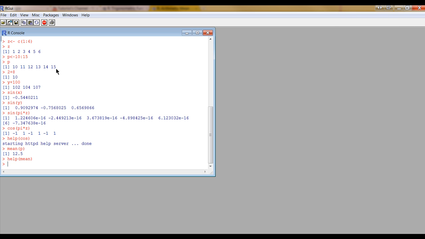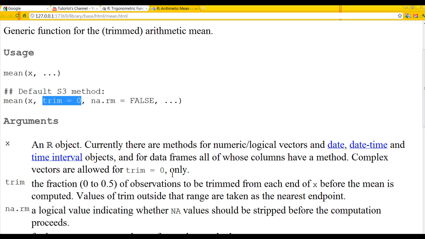You wanted to throw those out before you calculated the mean. Maybe, the largest one is going to be really too large, so you don't want to include that, or the smallest one is going to be really too small, so you don't want to include that for some reason. So you can trim some percentage of the observations. So we might do that. So anyway, that's one of the arguments.